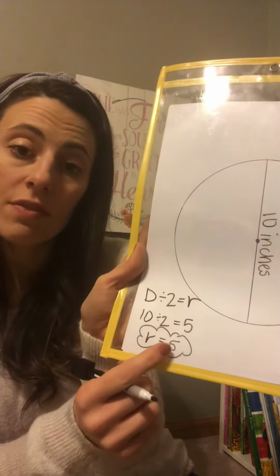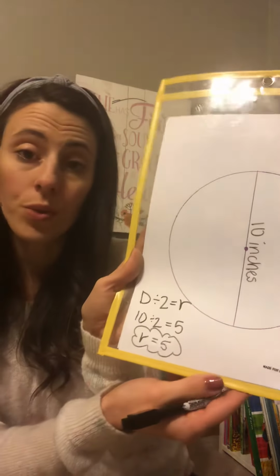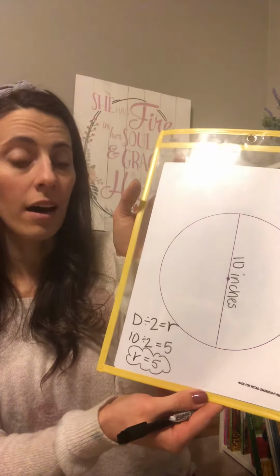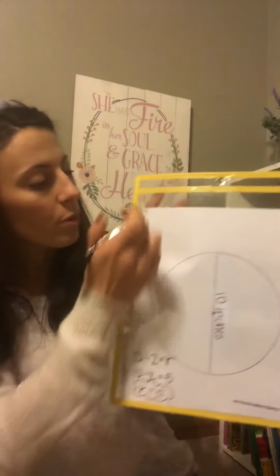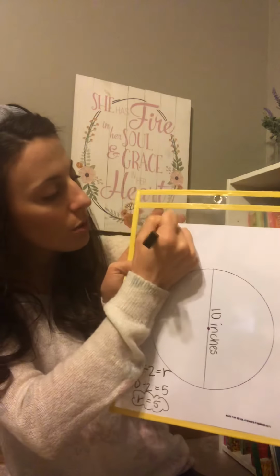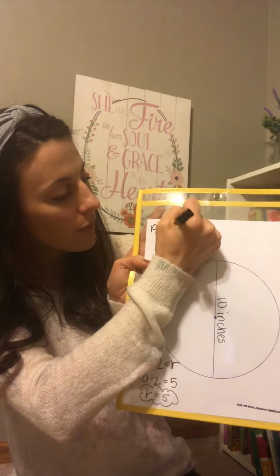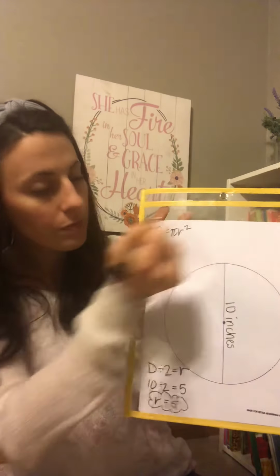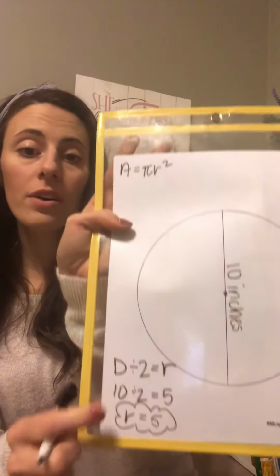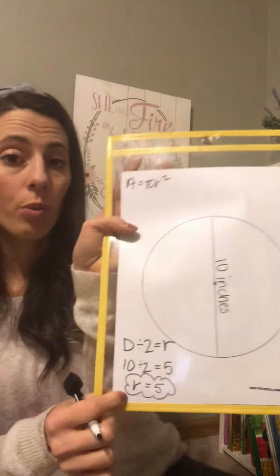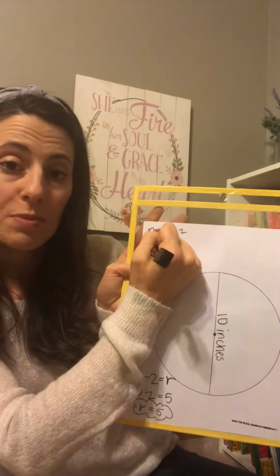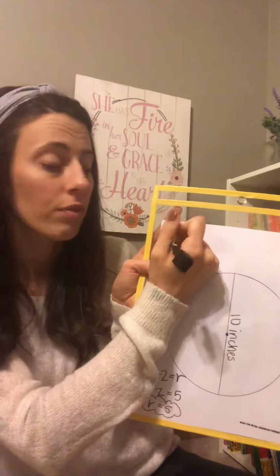We're going to use this value for radius, and we're going to plug it into our formula for the area of a circle. So we've got area equals pi r squared, and that r is the 5 that we found. So we're plugging that in, and we're also substituting in 3.14 for pi.